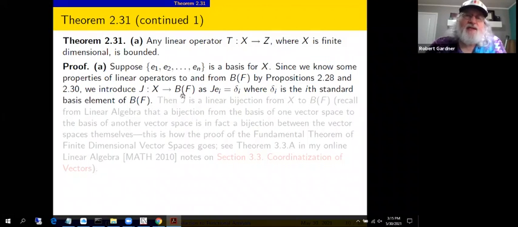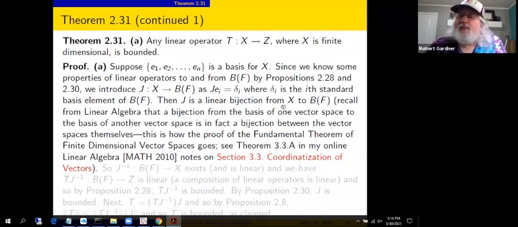So we're simply taking the first basis vector here and associating it with the first basis vector here, the second basis vector here in X and associating it with the second basis vector in B of F and so forth. Since J is a linear bijection from X to B of F, and since we've defined J on a basis for X, that determines everything.